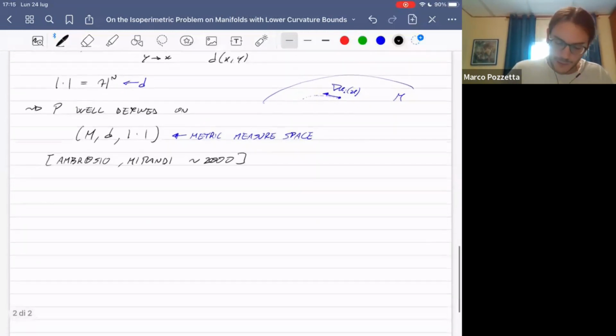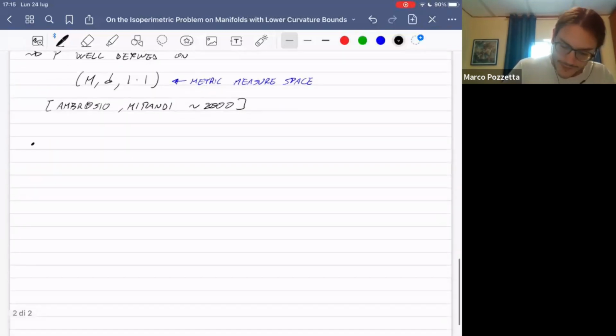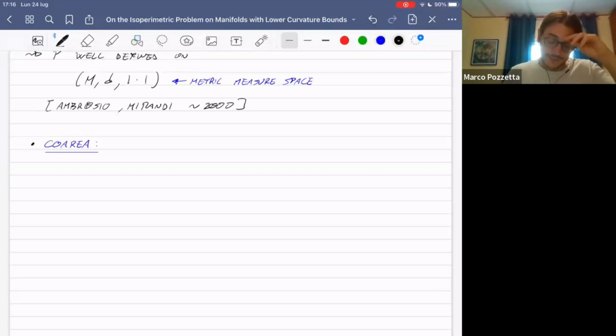The final observation I want to make is a very useful formula that is called the coarea formula. So what is the coarea formula? It is a nice integration formula for computing the integral over a manifold of the modulus of the gradient of a function.